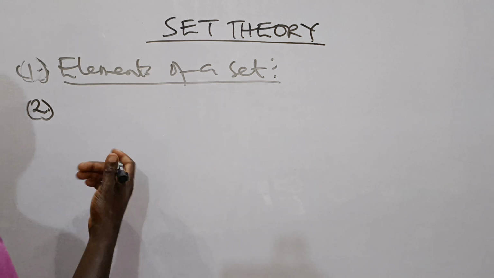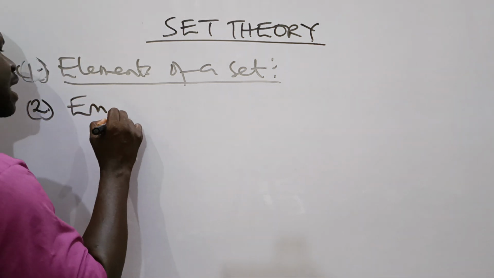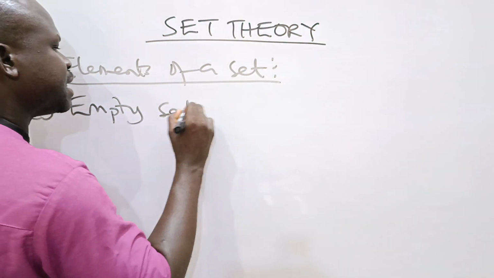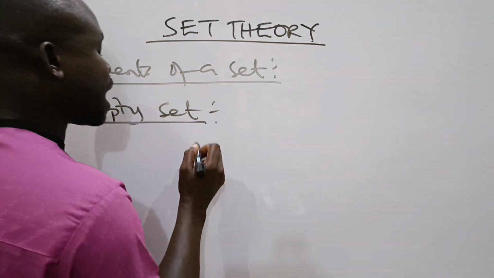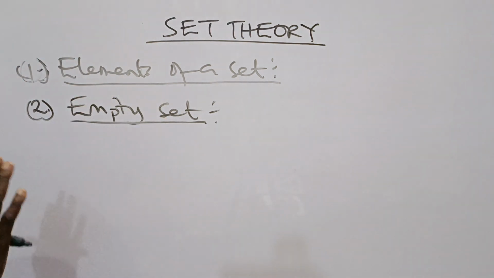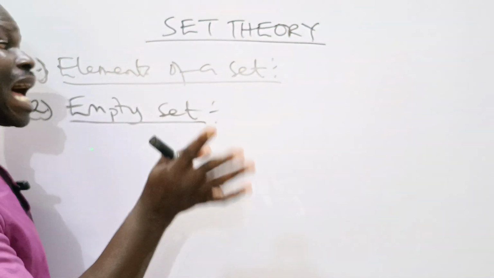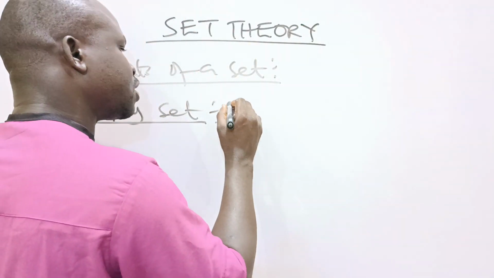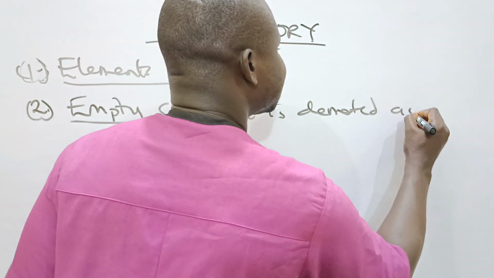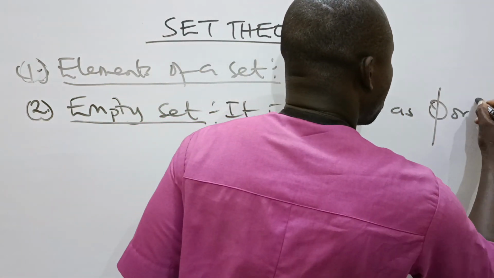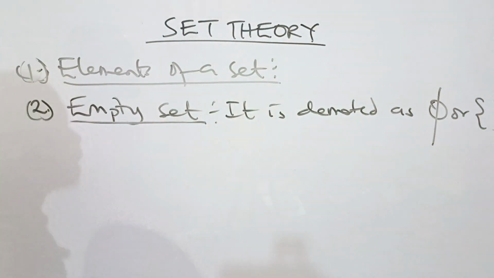Another definition is when we talk about empty set. So what do we mean by empty set? This is the set that has no elements. So please let's note that we can have an empty set. It's a set that has no elements, and it is denoted as phi, or just a curly bracket without any elements.